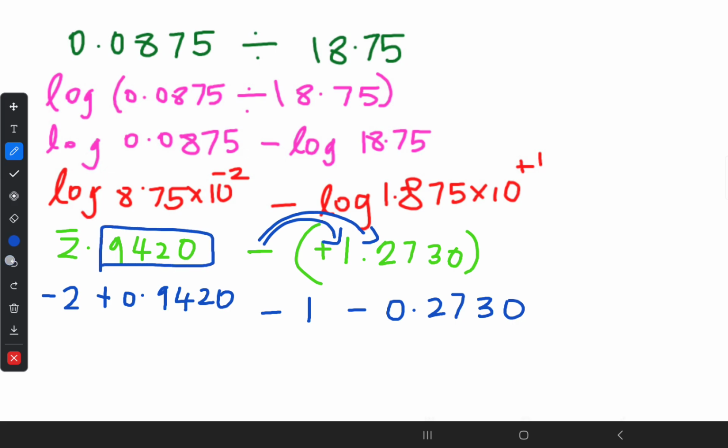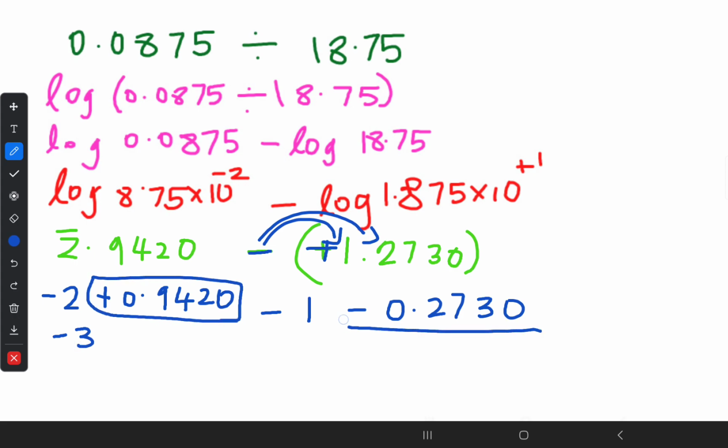Decimal is always a positive quantity. Negative times positive, it's negative 1. Decimal is always positive, and negative times positive will become negative 0.2730. This negative 2 and negative 1 both will become negative 3. Then let's do the operation between these decimals.